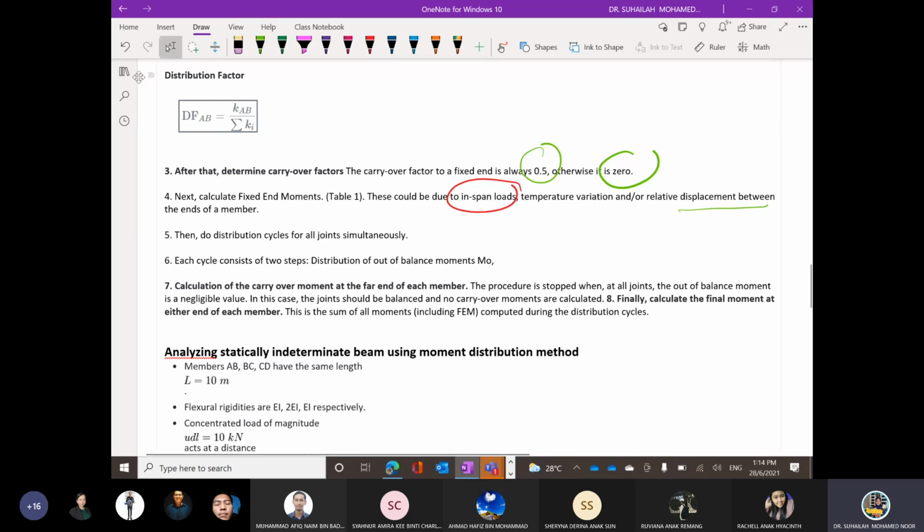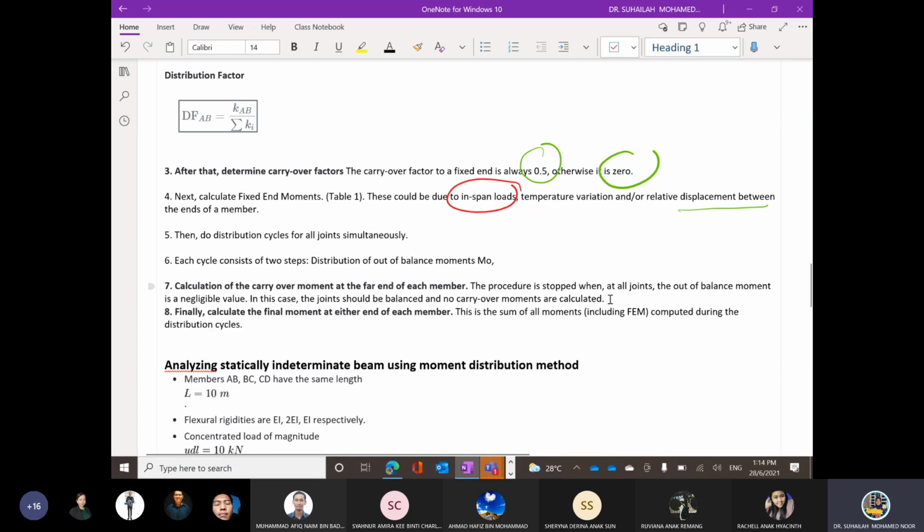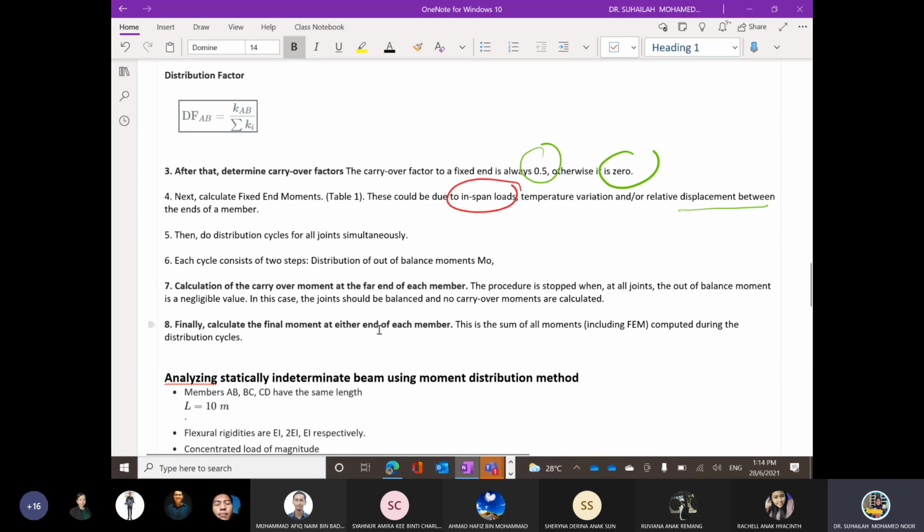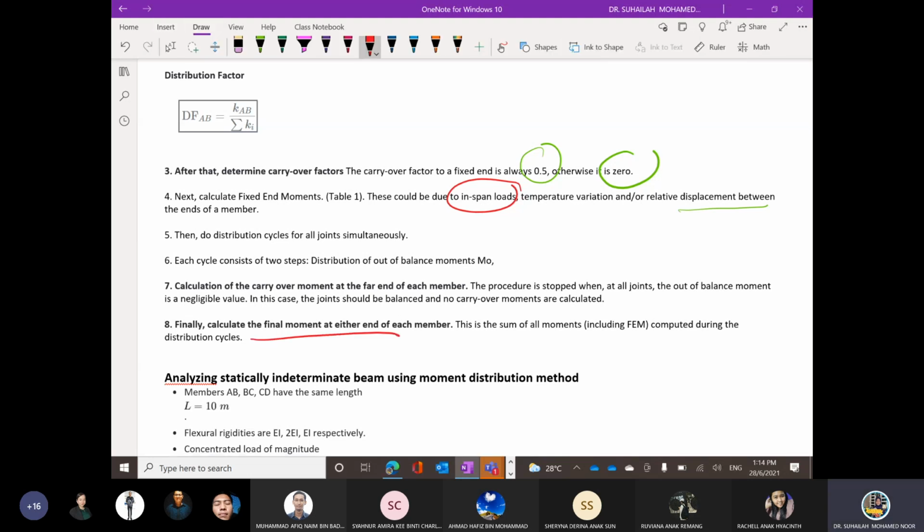Finally, we will calculate the final end moment of each member.